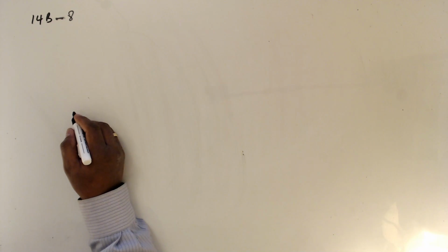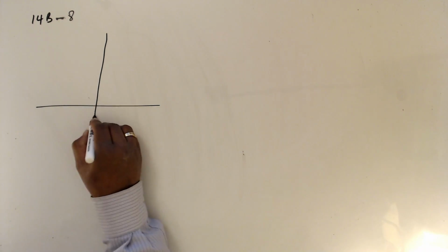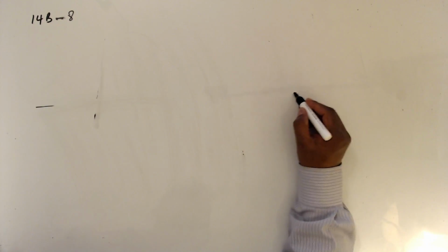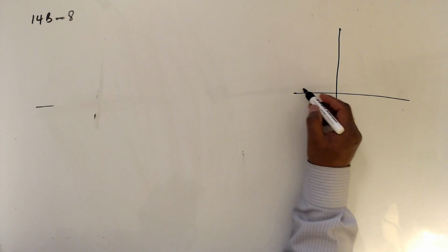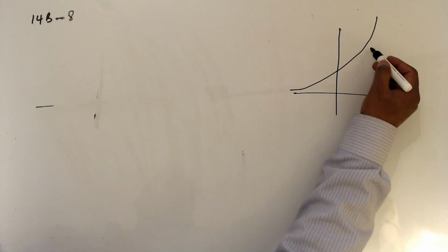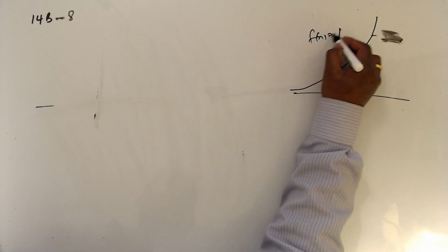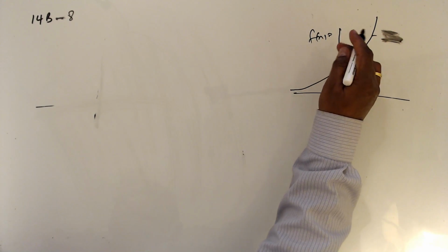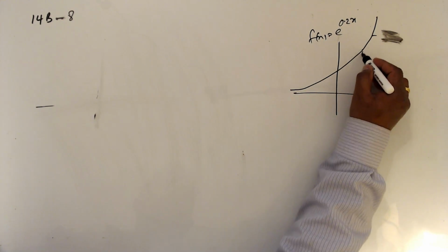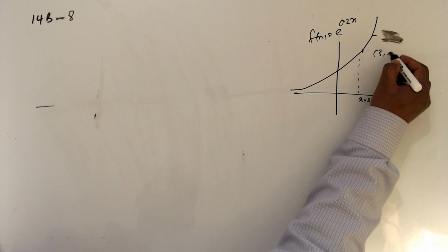Question number 8. There's a function f(x) equals e^0.2x, and this is at x equals 5, the point (5, e).